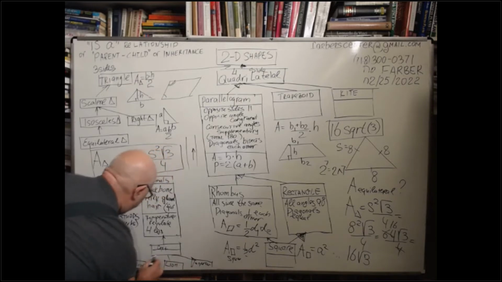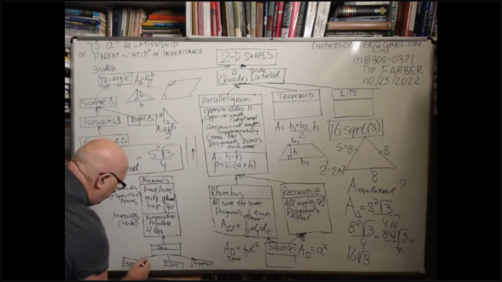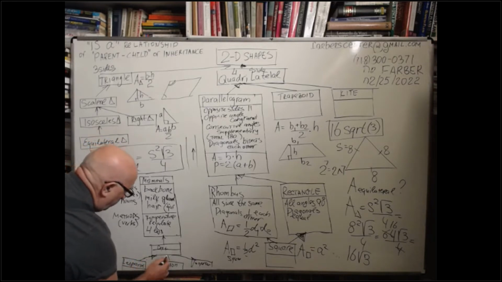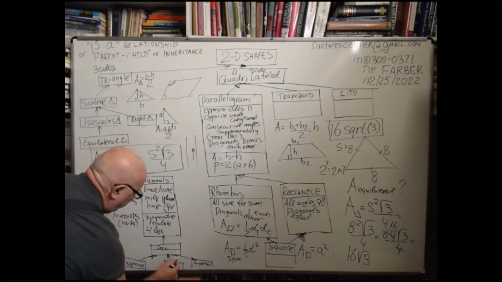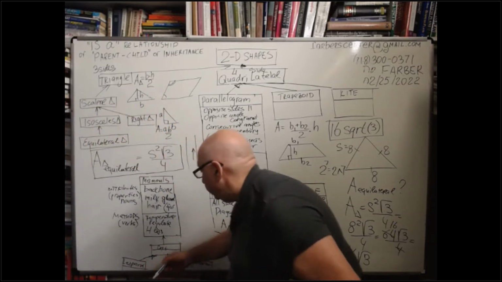Look at this. If an arrow goes this way, this way, this way, it shows this subclass inherited from the superclass.